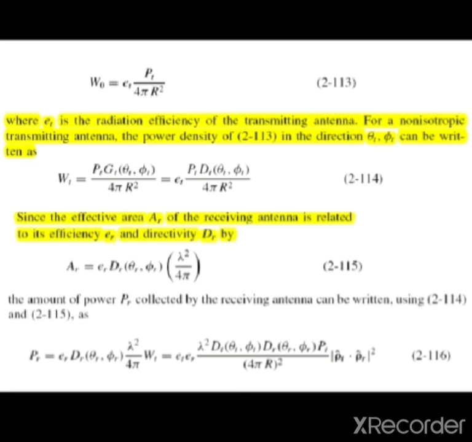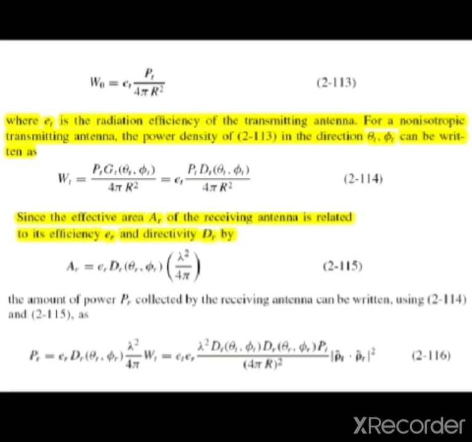The amount of power Pr collected by the receiving antenna can be written from equations 2.114 and 2.115, these two equations. Then we apply Pr equal to Er into dr of theta r comma phi r into lambda square by 4 pi into Wt. So again you rewrite this equation.